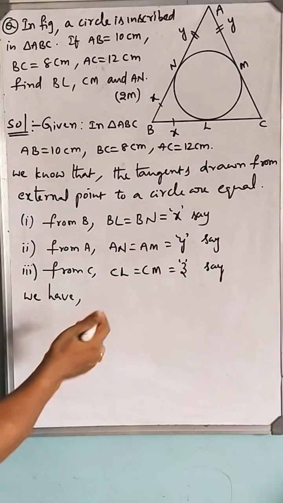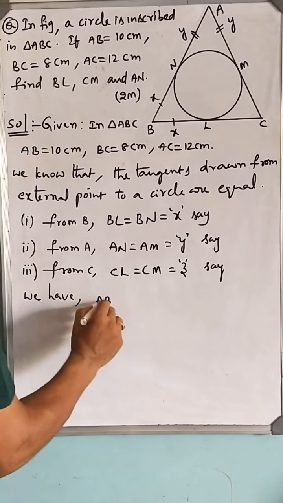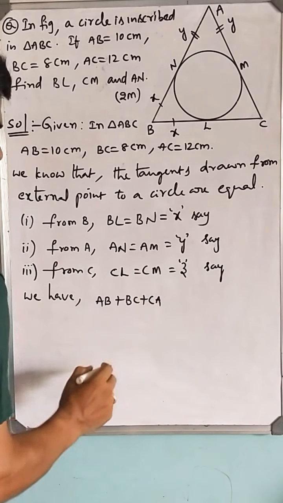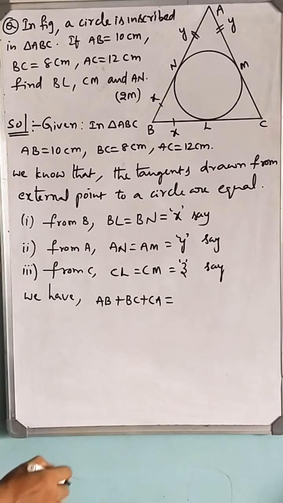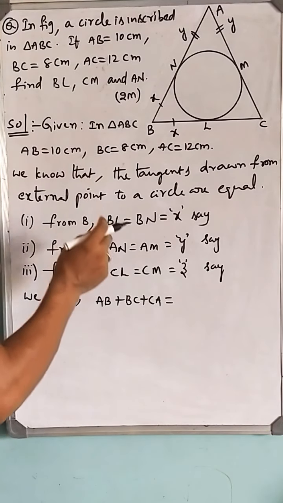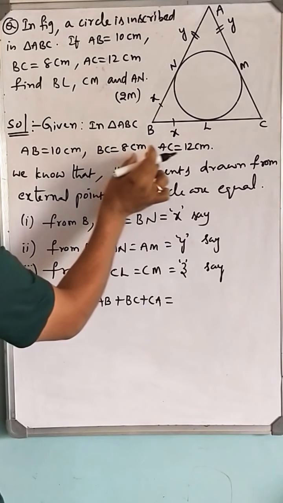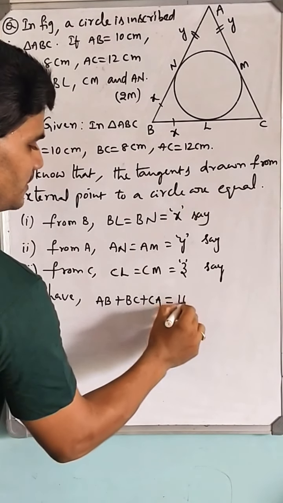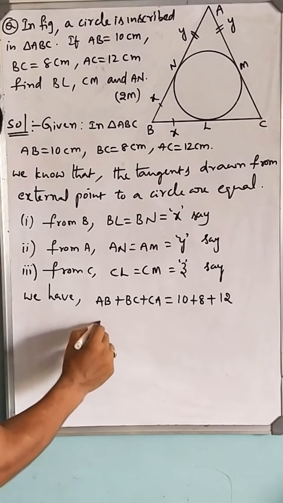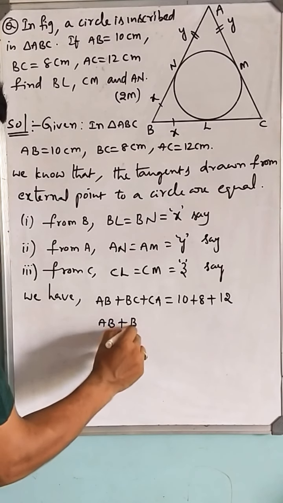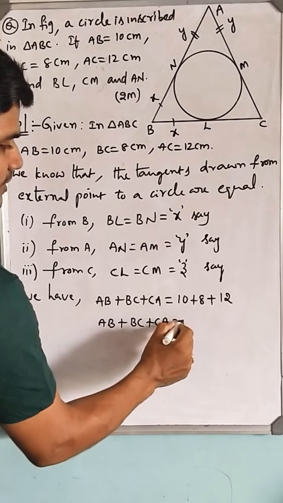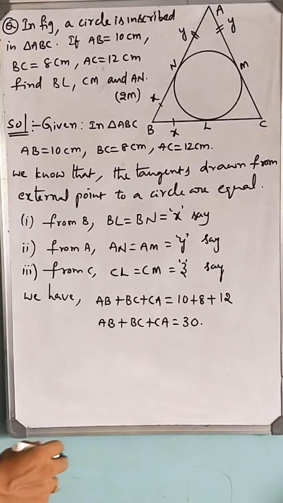Now we have three sides. Let us take their sum, that is the perimeter of the triangle. AB plus BC plus CA is equal to, what is the length of AB? AB is 10, BC 8, AC 12, 10 plus 8 plus 12, that is AB plus BC plus CA is equal to 20 plus 10, 30.